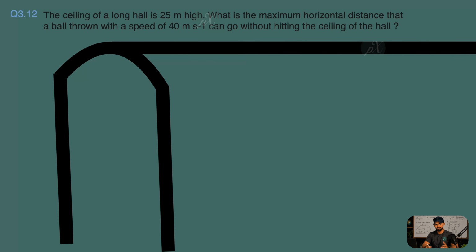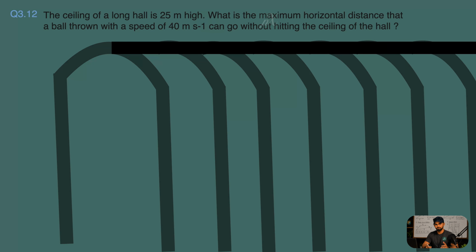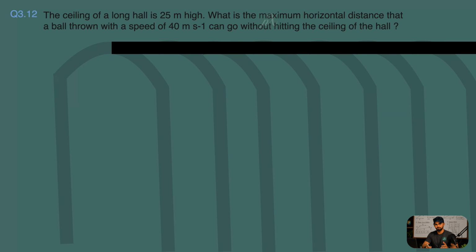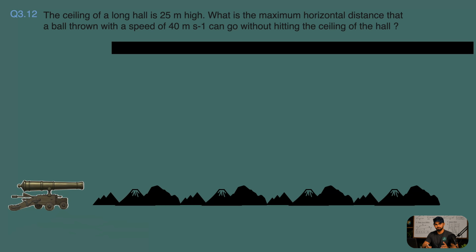This is our hall with a 25-meter-high ceiling. For now, let's just focus on the ceiling. Now, as mentioned in the question, a ball is thrown with a speed of 40 meters per second. So let's bring in our cannon, which will launch the ball at exactly 40 meters per second. Now here's our challenge.